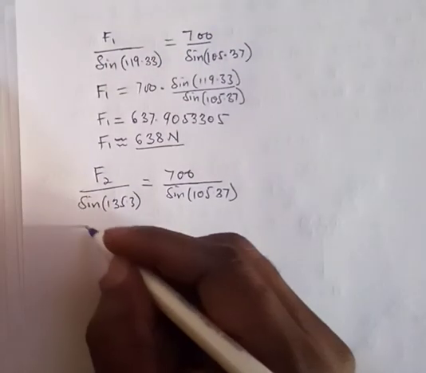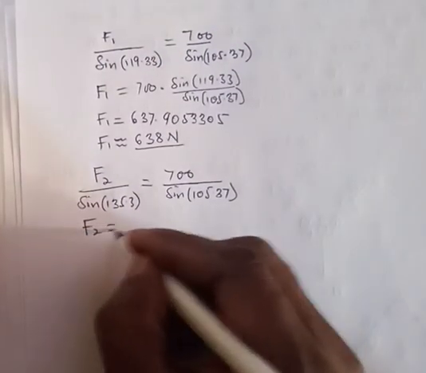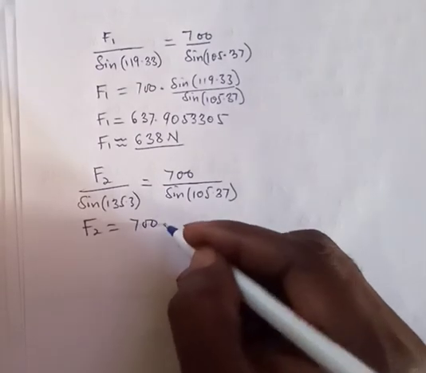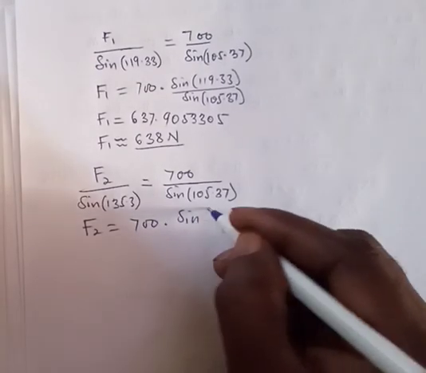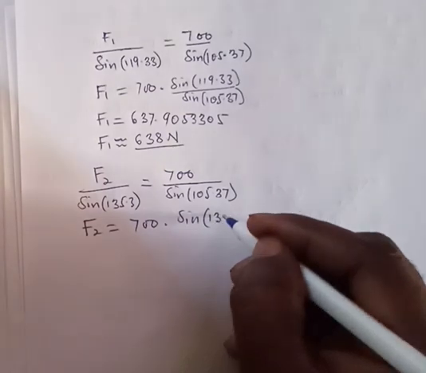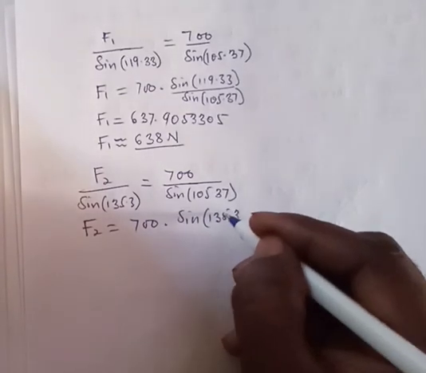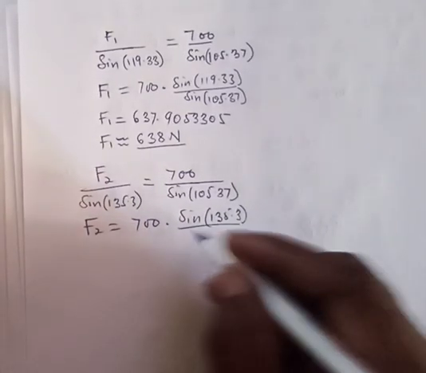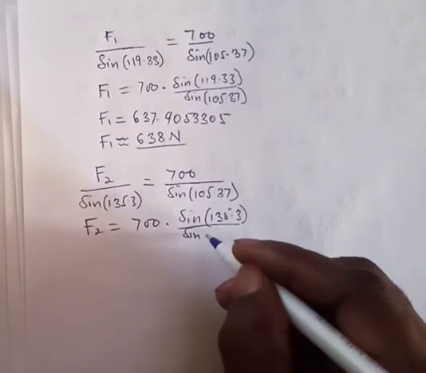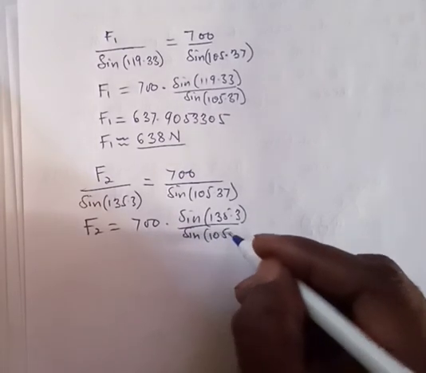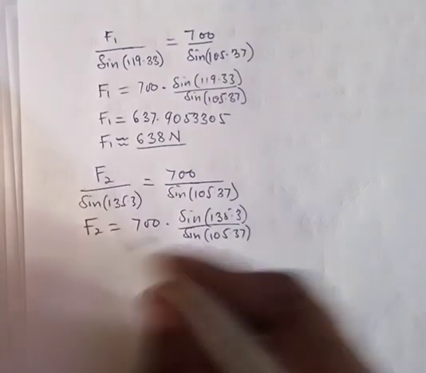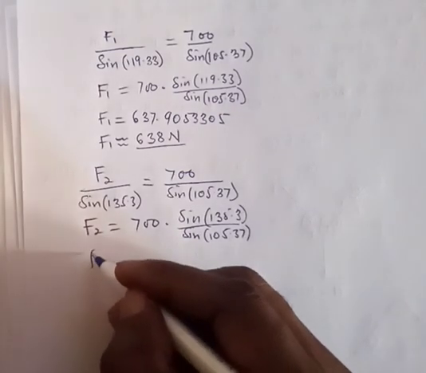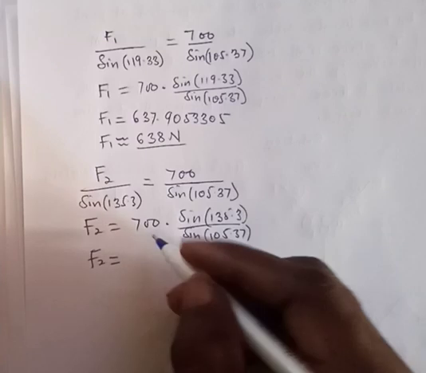Good. So our F2 becomes 700 times sine 135.3, all divided by sine 105.37.